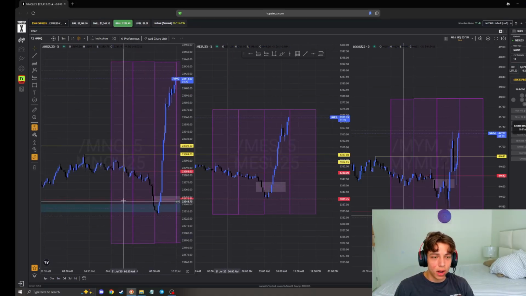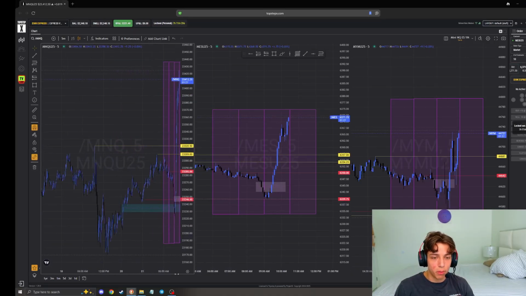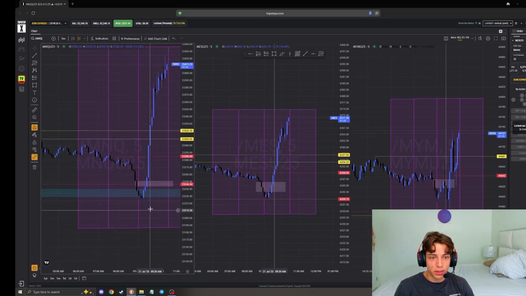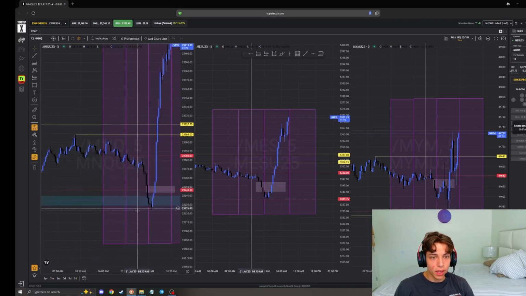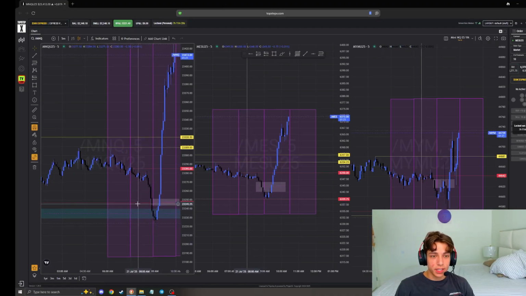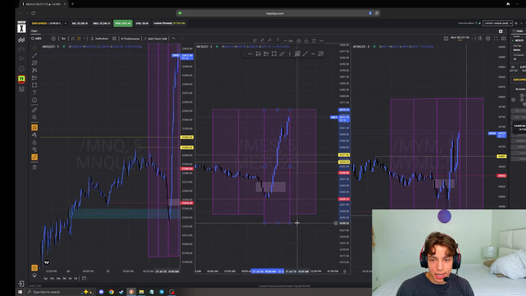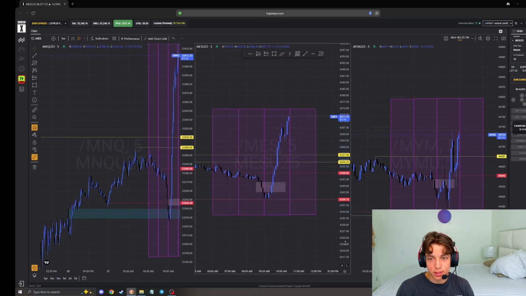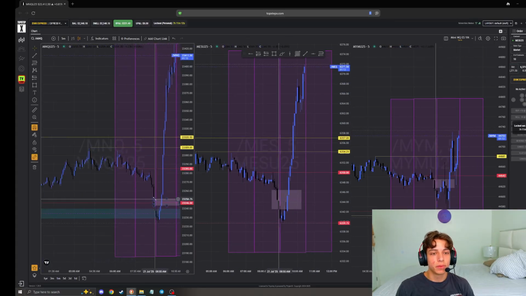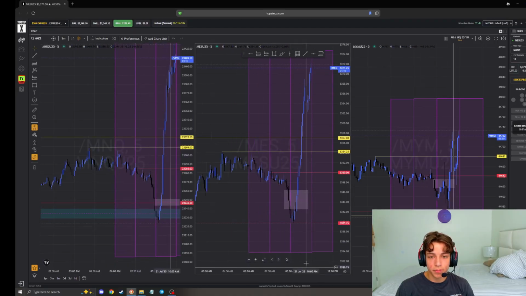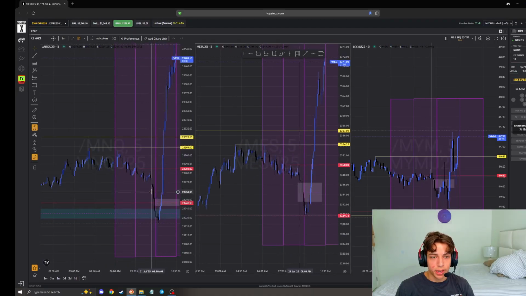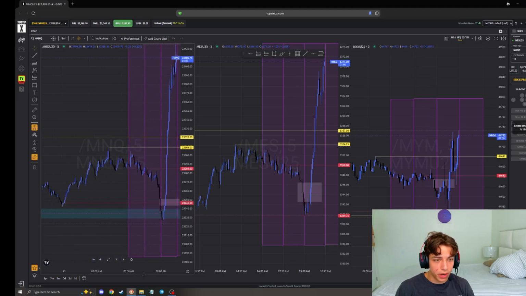This is the NWOG. This is the 12 a.m. open. We sweep right under it. And in this case specifically, the 12 a.m. open on ES and on NASDAQ is also London low. So we sweep London low on NASDAQ immediately at like 8:55.